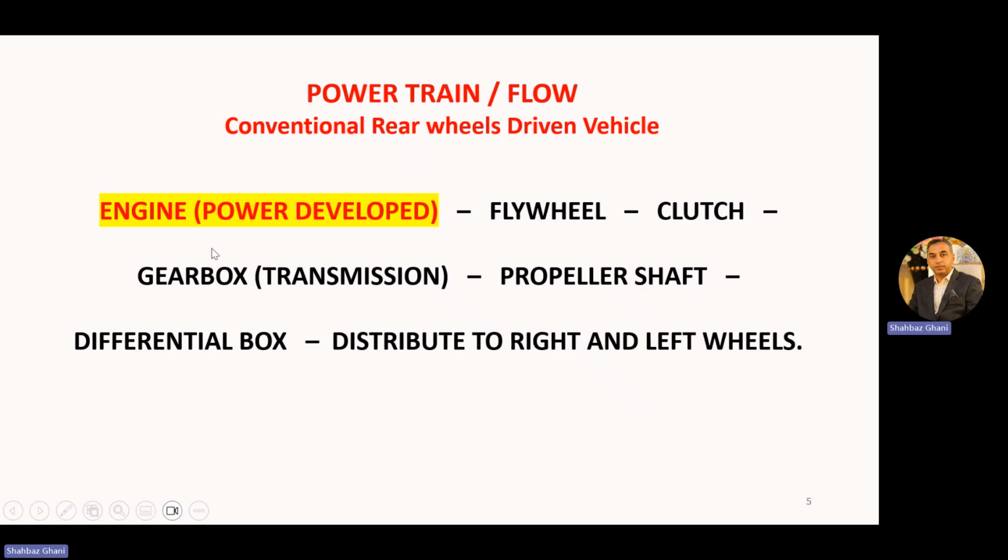So in this internal combustion engine course, we will be only dealing with the engine, the IC engine. The rest of this we will cover in another subject, that is automotive technology. So we will be focusing on the engine now.